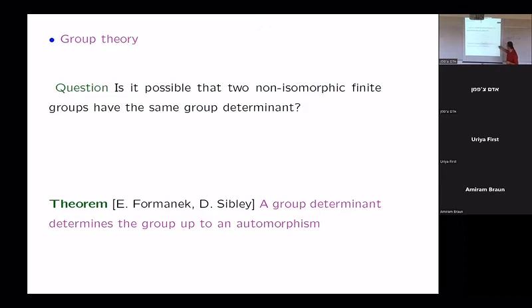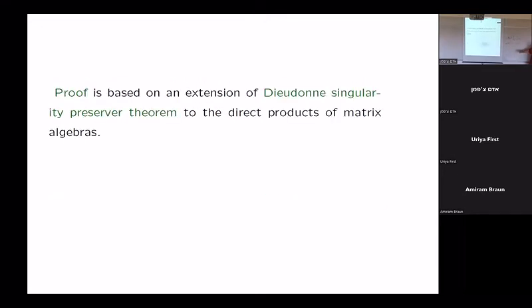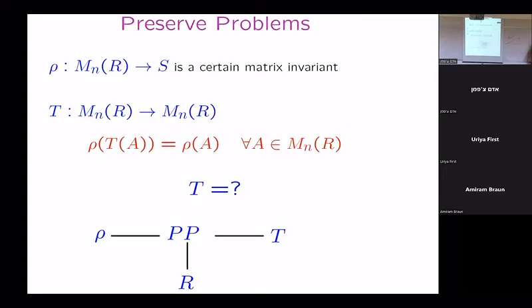And it was a result by Formanek and Sibley. They in fact showed that the group determinant determines the group up to isomorphism. And again, the proof was based on Dieudonné's result on singularity preservers.